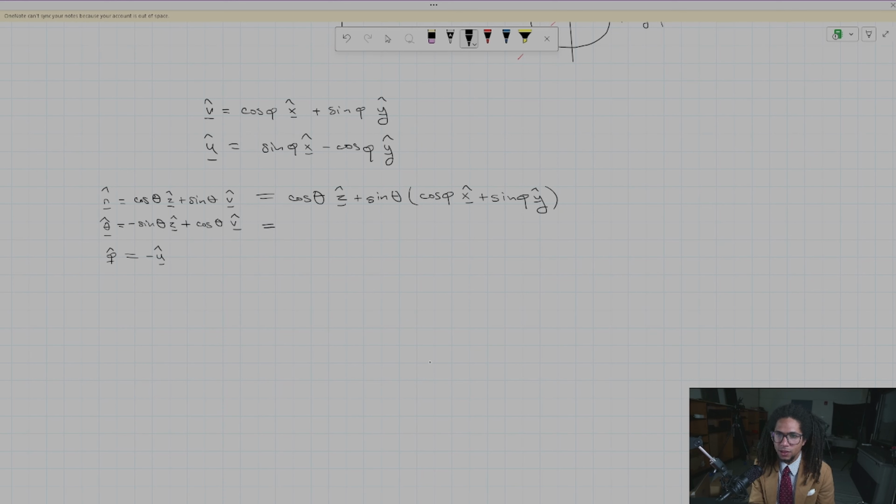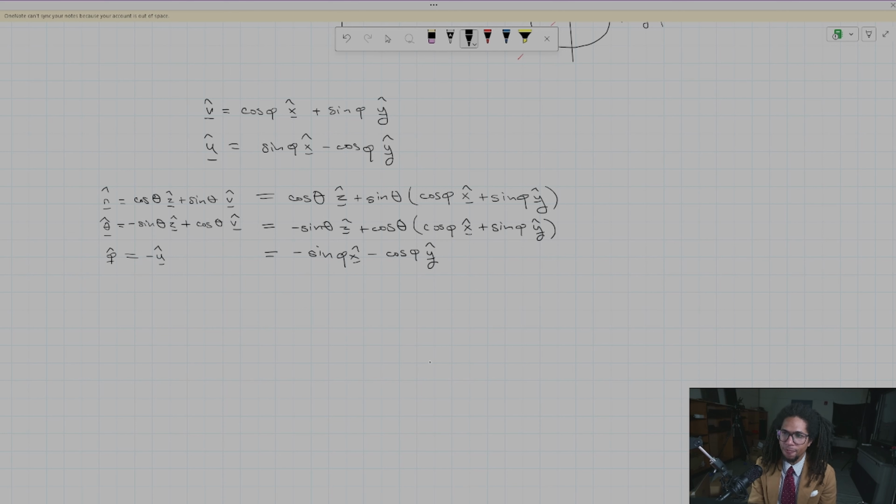This one is going to be equal to minus sine theta z hat plus cos theta v hat. So this is cos phi x hat plus sine phi y hat. Good. And then this last one, I just need to take the negative of u hat. So sine phi x hat minus cos phi y hat.